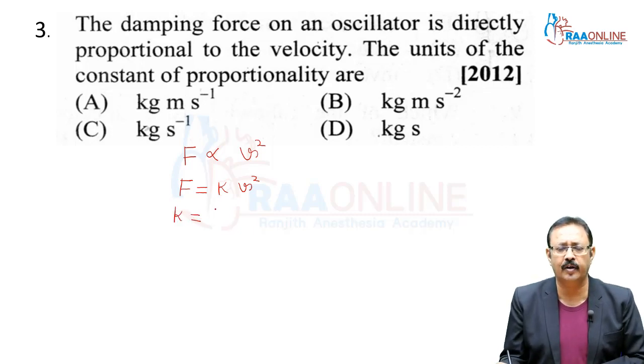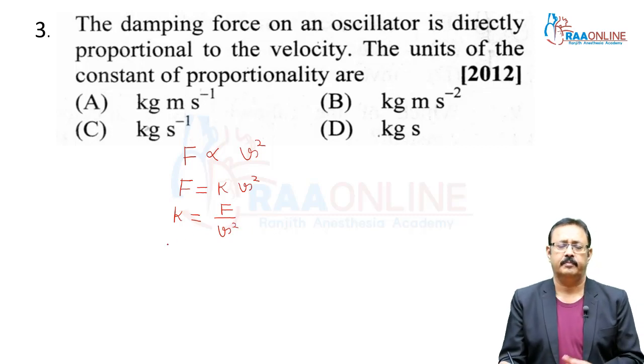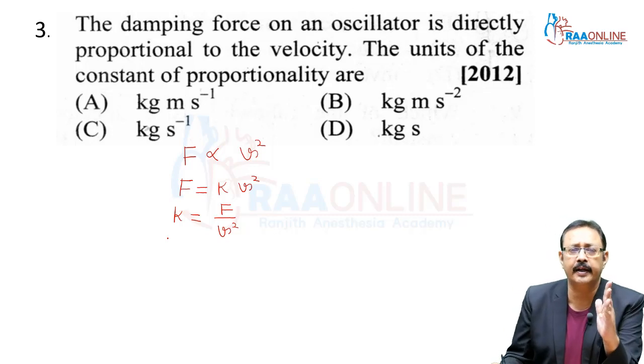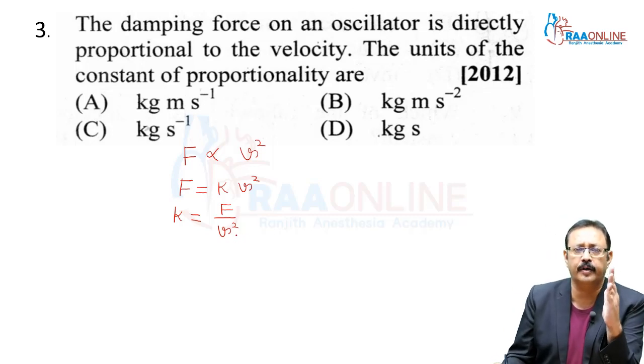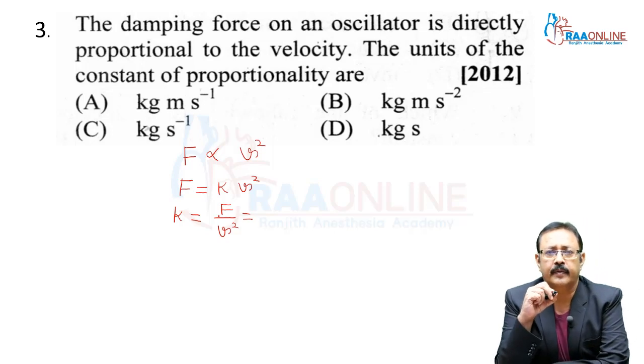So first I got a result which is F upon V square. F is Newton, but Newton is not given. In 4 options we are getting only fundamental physical quantities, mass, length and time. So convert all of these in fundamental physical quantities.